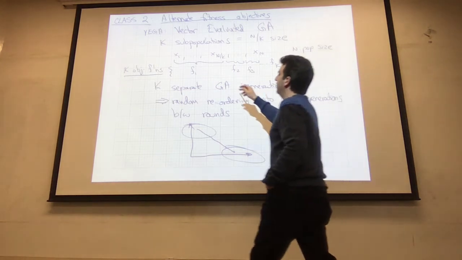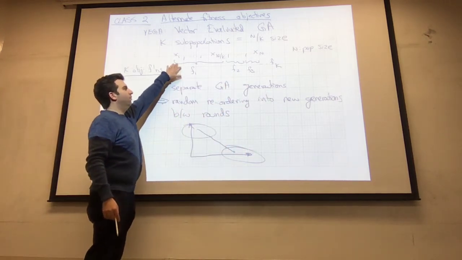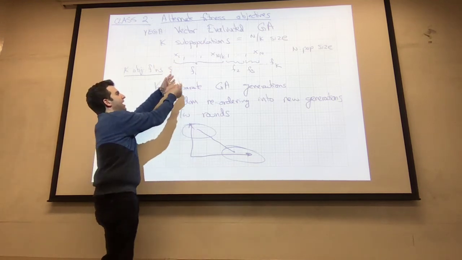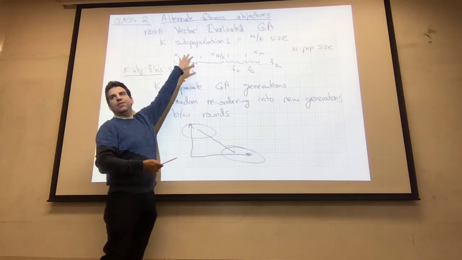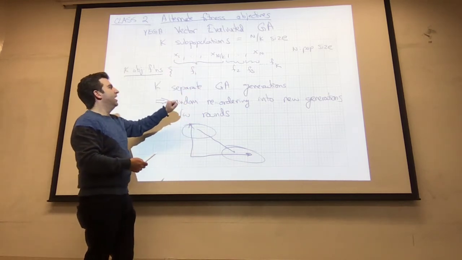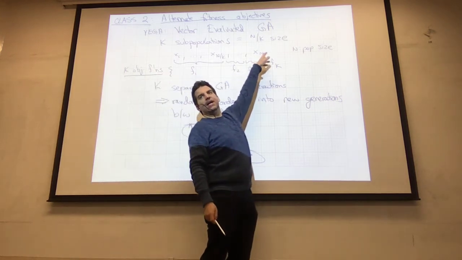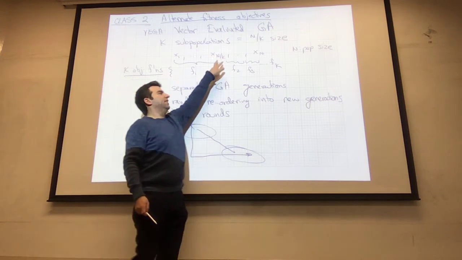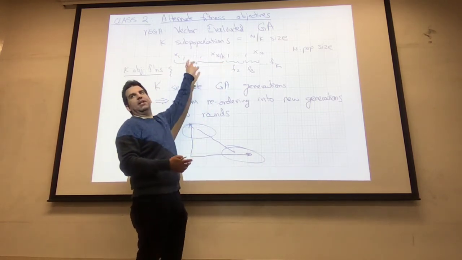Oh yeah, so usually the way these things work is that you run a full generation inside one subpopulation. So you're going to have an expansion and selection, all of that happening within this one. So in the end, you start out with N individuals, and within the subpopulation, you get selection for the N over K best individuals, or you can think of that as the parents plus the offspring.